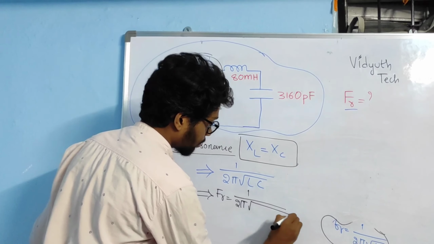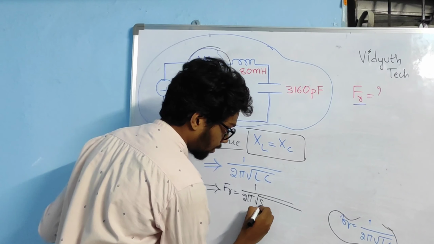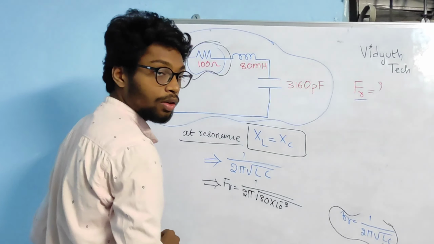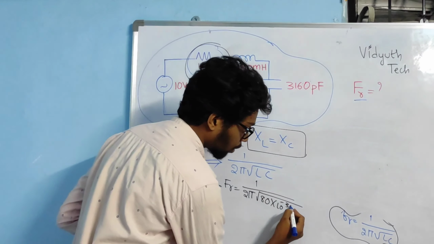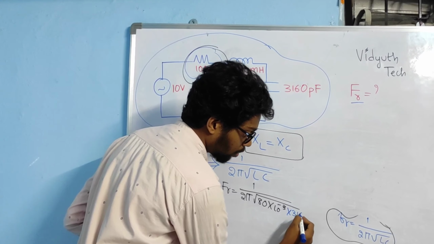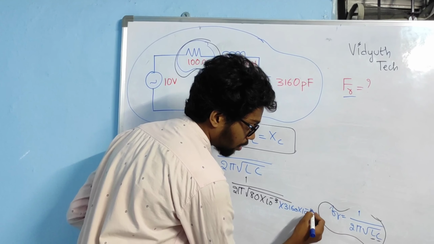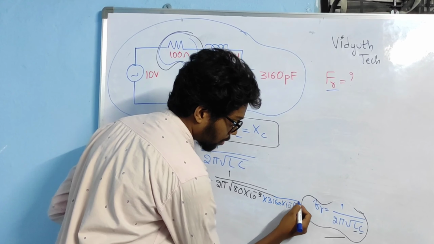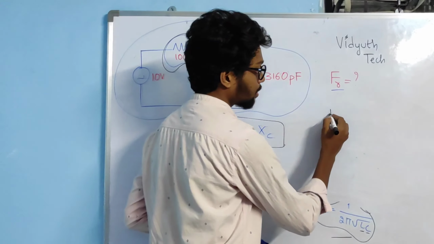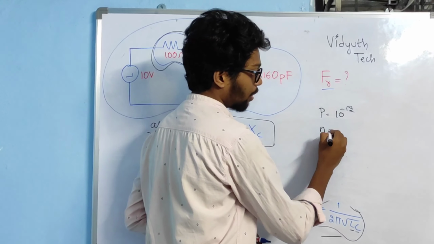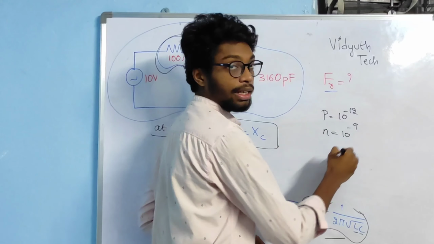Under root, 80 millihenry, that is 80 into 10 to the power of minus 3, whereas capacitance is 3160 picofarads. Pico means 10 to the power of minus 12, whereas nano is equal to 10 to the power of minus 9.